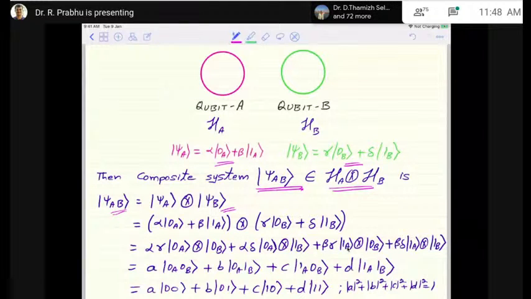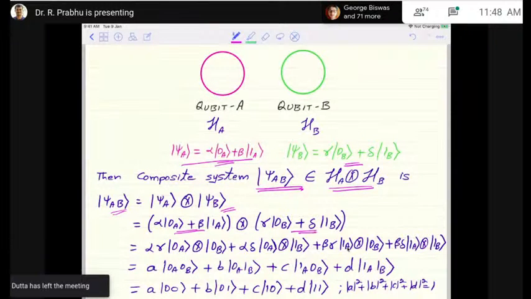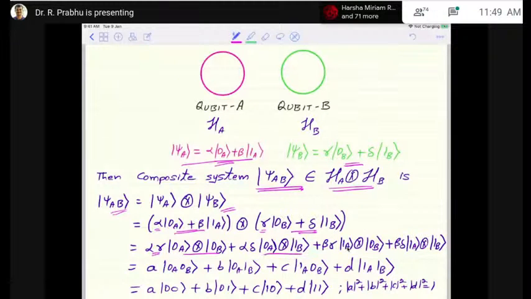Now we write the tensor product, and I'm just writing these expressions over here. Now we have four terms coming into the picture. Therefore I will write alpha gamma, then |0_A> tensor |0_B>. Similarly |0_A> tensor |1_B>, then |1_A> tensor |0_B>, and then |1_A> tensor |1_B>.